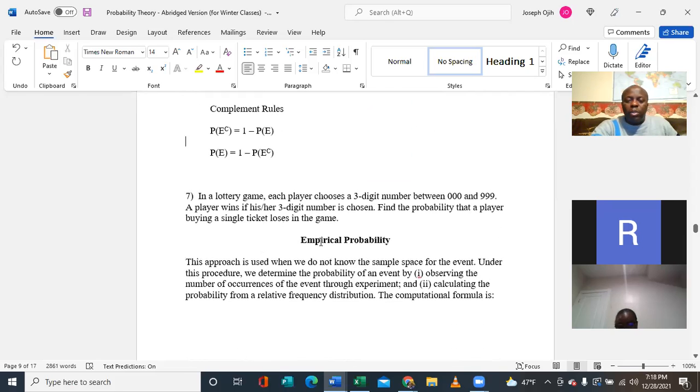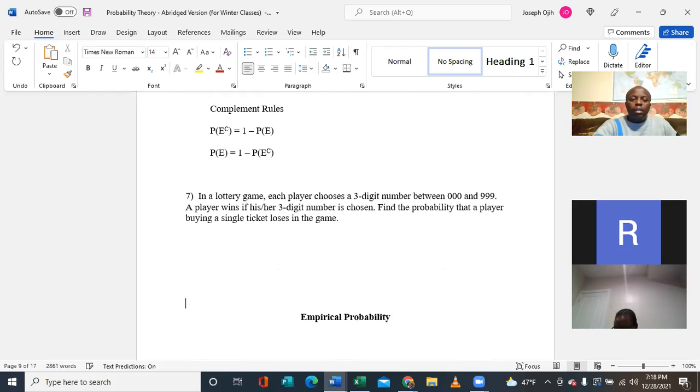Let's apply it to this question here. It says in a lottery game, each player chooses a 3-digit number between 000 to 999. That means 000, 001, 002, all the way to 999.